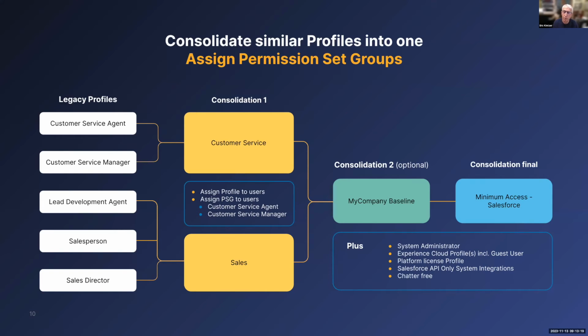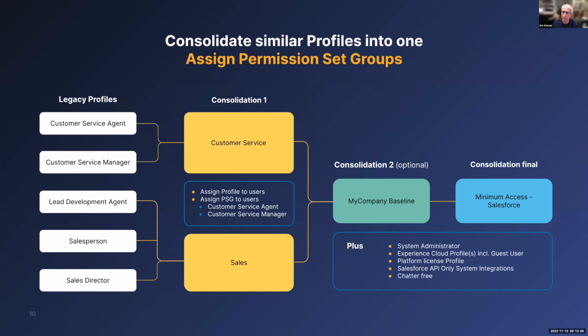So you create a new customer service profile, and then create the permission set groups for the customer service manager and for the customer service agent, and then assign those to the users who then would be migrated to that new consolidated profile. And then similarly do it for the three legacy sales related profiles to a new sales profile. So that's step one. That's reducing the scope of the problem from, in this case, five profiles to two profiles.